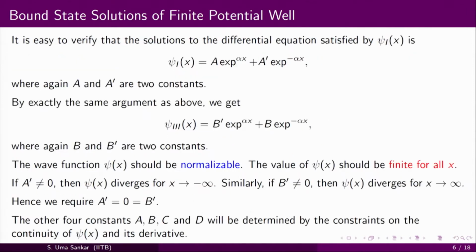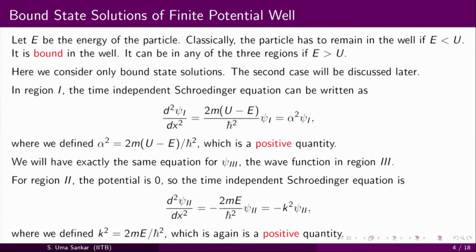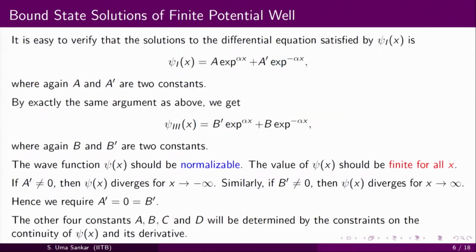Let us look at the wave function in region 1. If you see, the equation is d square psi 1 by dx square is alpha square psi 1. This has again two possible solutions. One is e power alpha x and the other is e power minus alpha x. So, I take a linear combination of the two where I have two constants a and a prime.